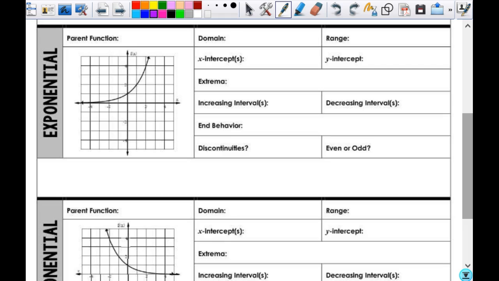Now, for some of these parent functions, you have to introduce a number. There were no numbers in my linear parent function, but here I have to have one. I could have 5 to the x or 7 to the x or 1,000,000 to the x, and they could all be considered the parent function. However, in this one in particular, f of x equals what to the x power? What would be the base?